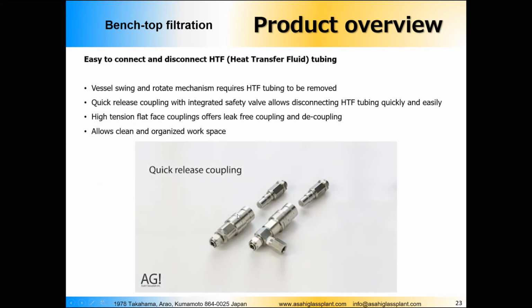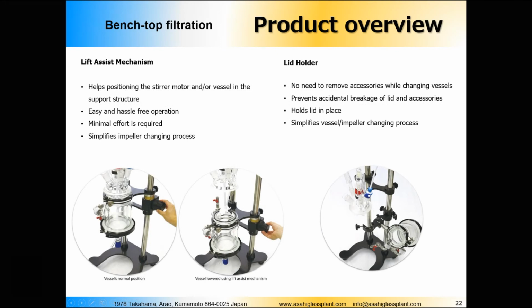This is again the place where I switch to the video, because it is much easier to show on the video what these quick release couplings are for. But to explain it in a few words, this is something that we need because when we have a jacket, we also have hoses.